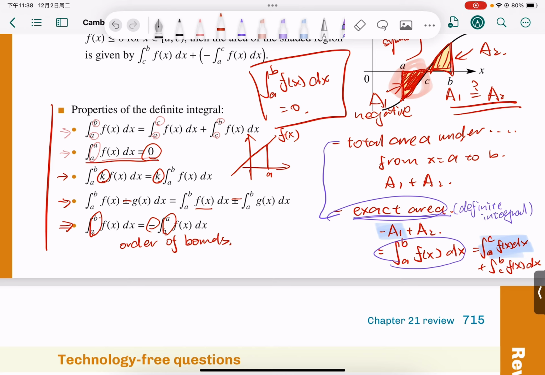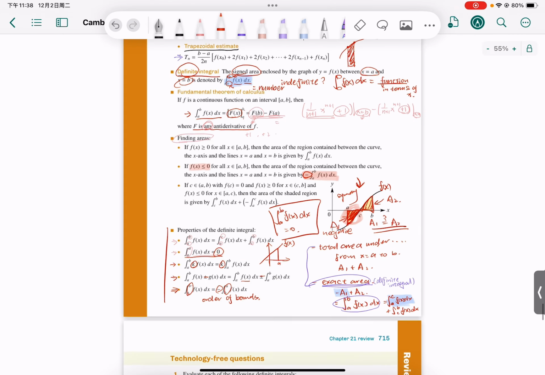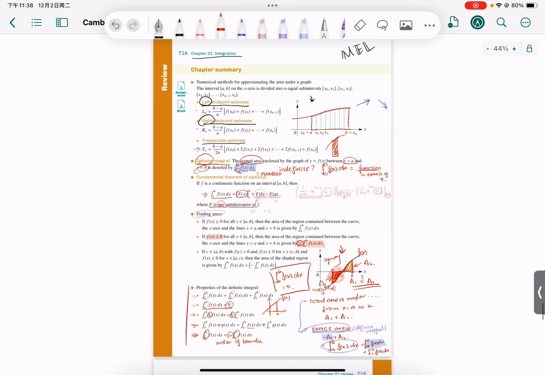So if you integrate the function backwards from B to A, then you are actually getting a negative area. Okay, so this is the summary of chapter 21, integration. And this is small, so yeah, I finished.